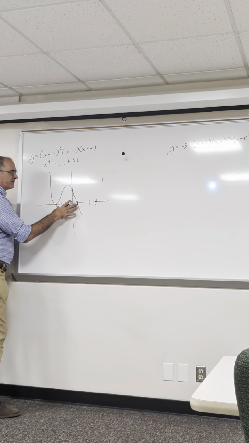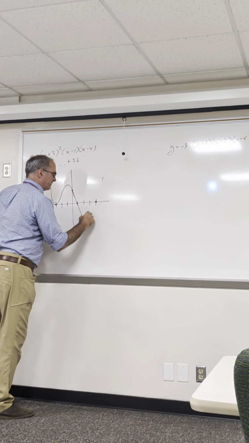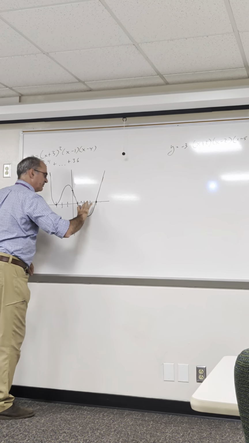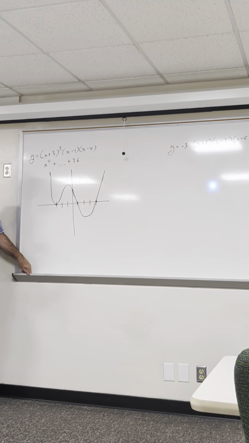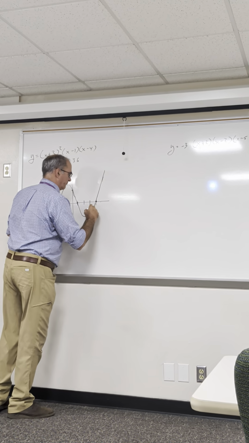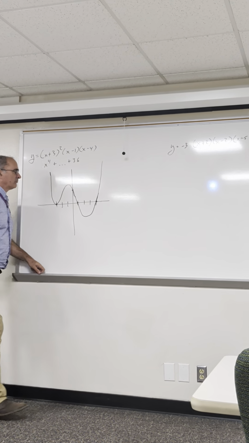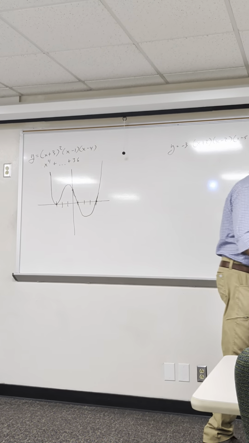This distance was 4, this distance is 3, so I'll probably turn back around a little bit quicker. I want this to be a bit higher than that because this is wider than that is. That is my graph. I'm not done yet.